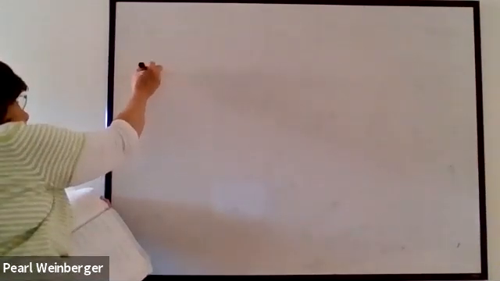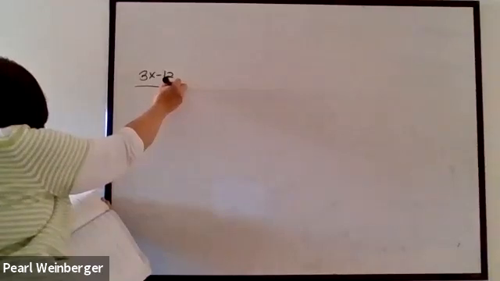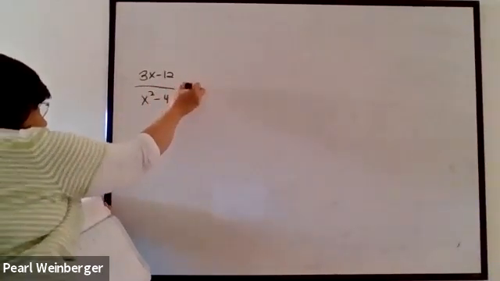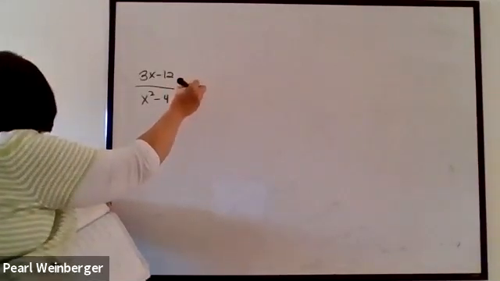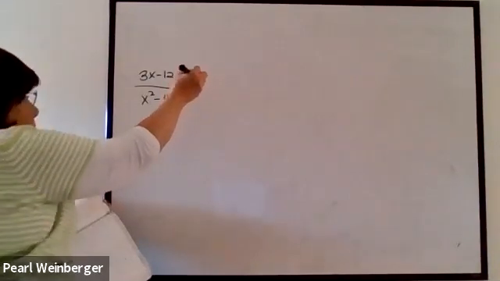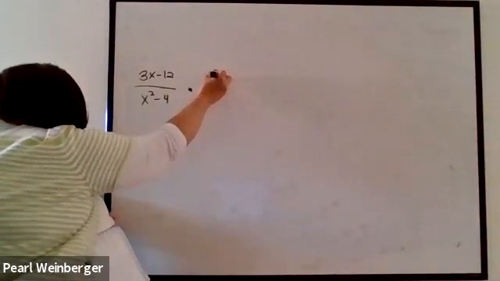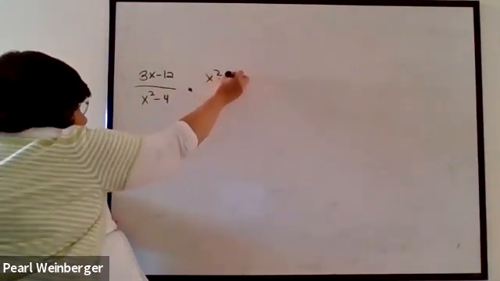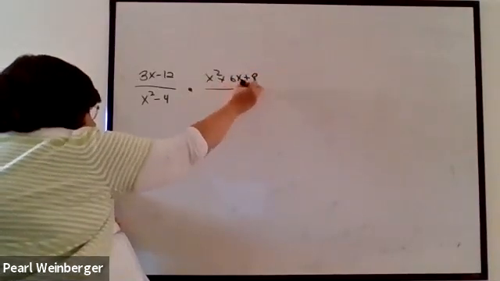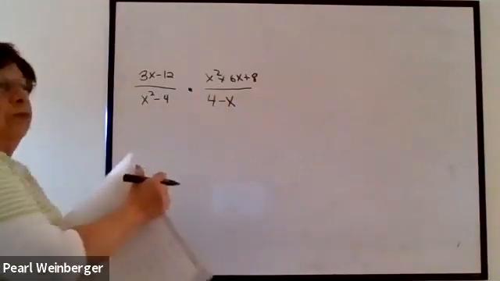Suppose I have 3x minus 12 over x squared minus 4 times x squared plus 6x plus 8 over 4 minus x.